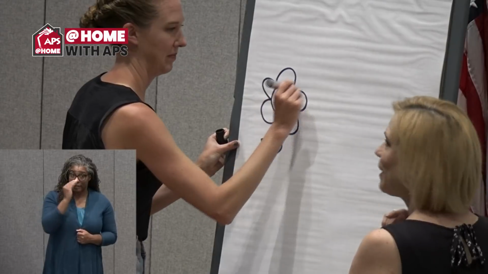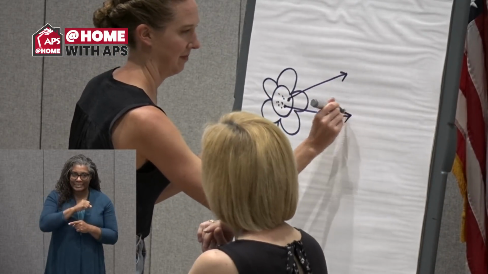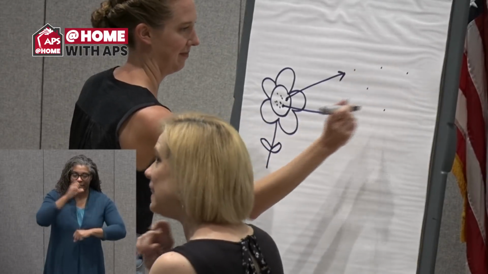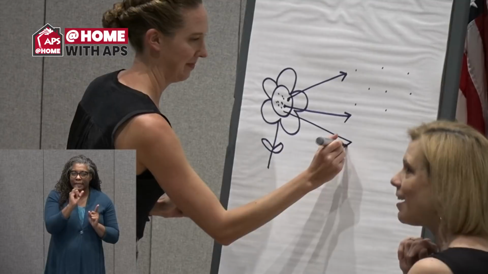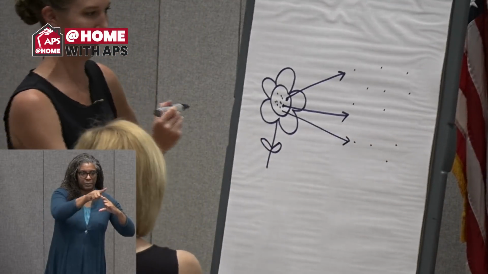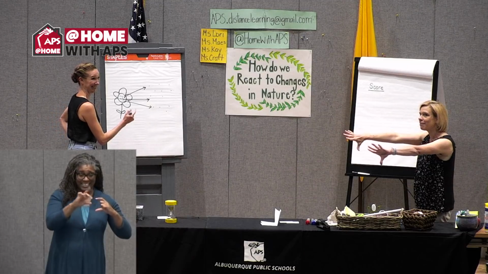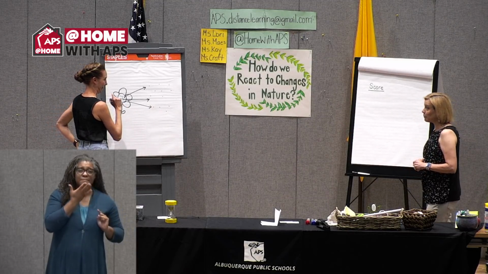No, not right. I'm going to keep guessing. Ooh, an arrow. Looks like the arrows are pointing to the seeds inside that flower. Oh, and there's some dots. I am going to guess the seeds are blowing out of that flower. And, is the word disperse?